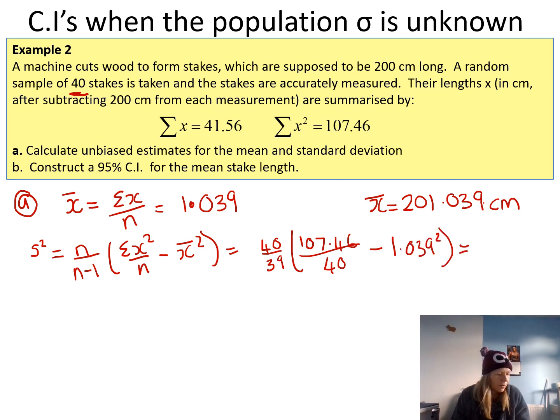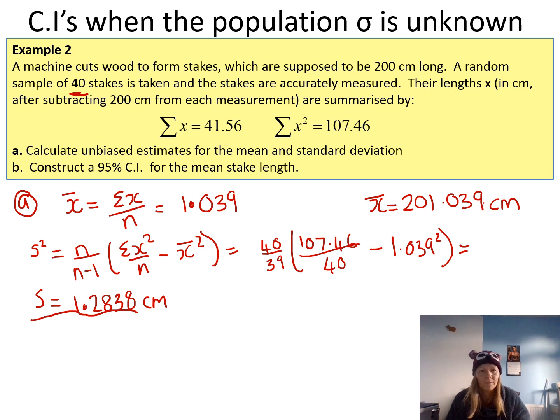And if you do all that, you'll get a coded variance of something. And then when you square root it, the coded standard deviation s will be 1.2838. Now, if you wanted to uncode that, you've got to ask yourself, does subtracting 200 from every value affect standard deviation, affect spread of data? Well, it doesn't. So that's the coded and the correct standard deviation for it all.